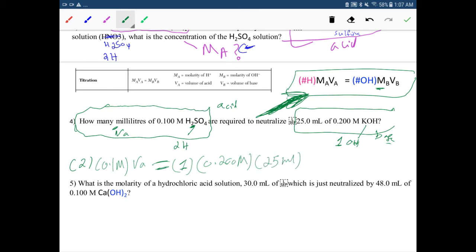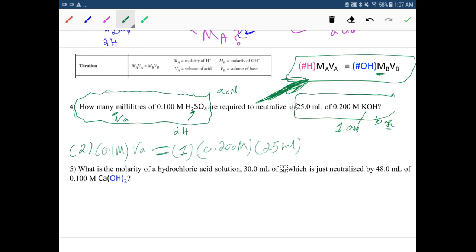Now you're going to isolate your missing variable, which is VA, and do the calculation. This is my way of doing it: I like to isolate before doing the calculation. It makes my life easier, I feel.